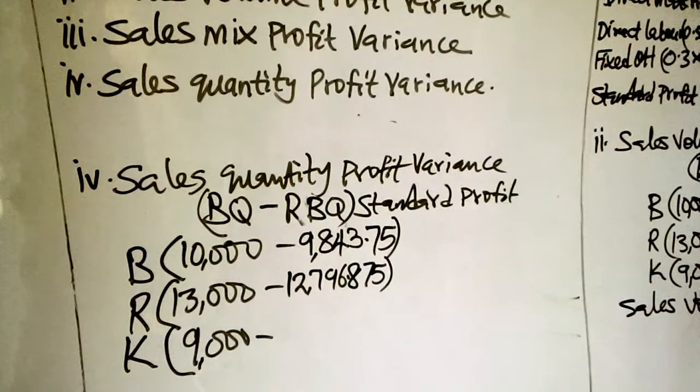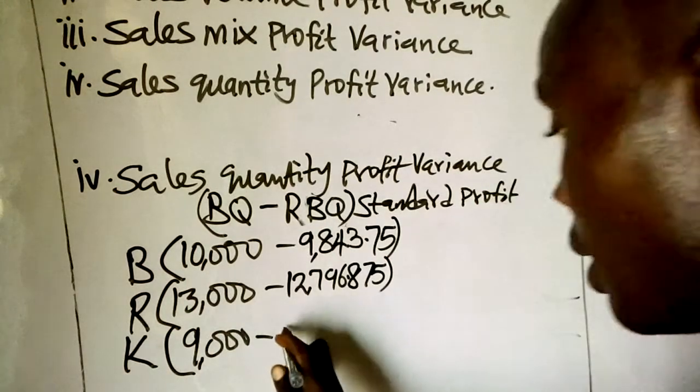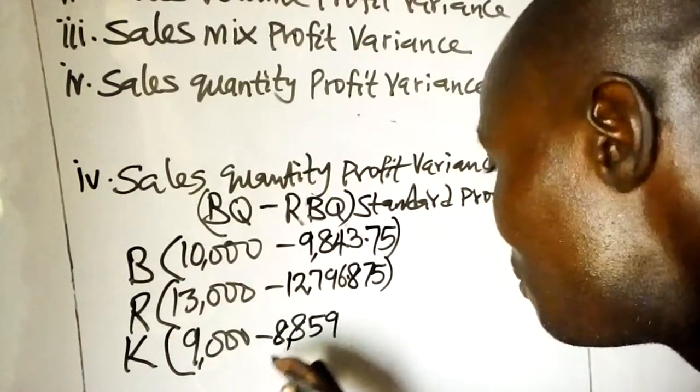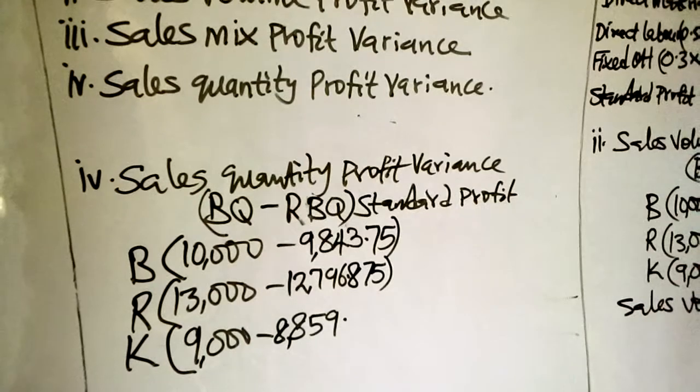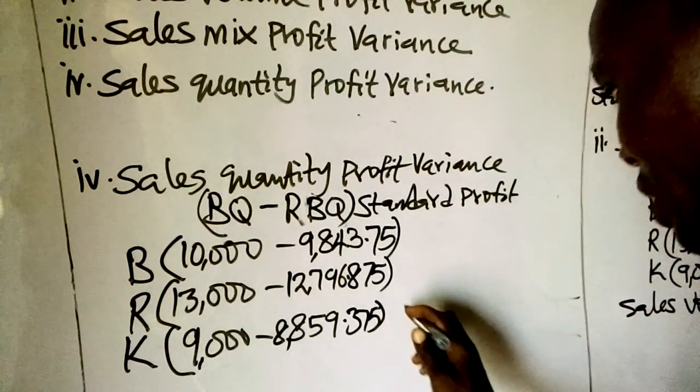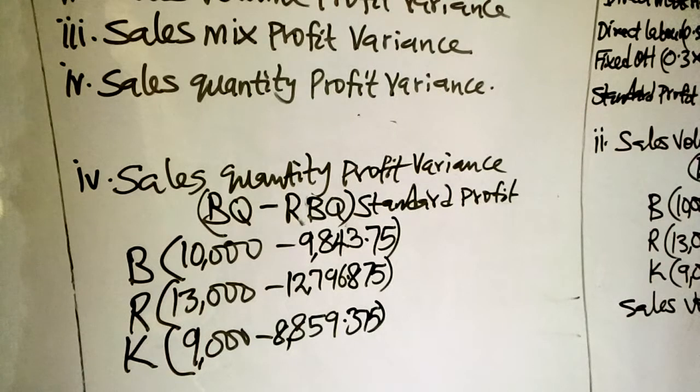And for K, we have 8,859.375 as calculated. Multiplied by the standard profit.